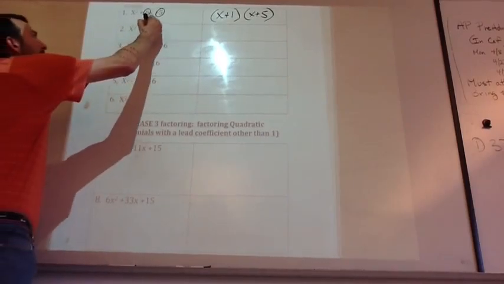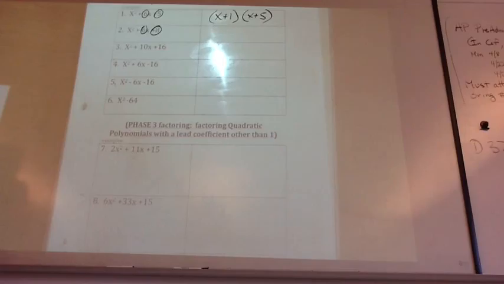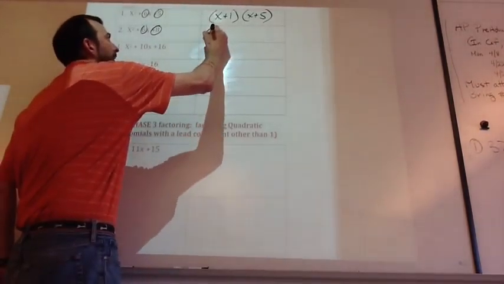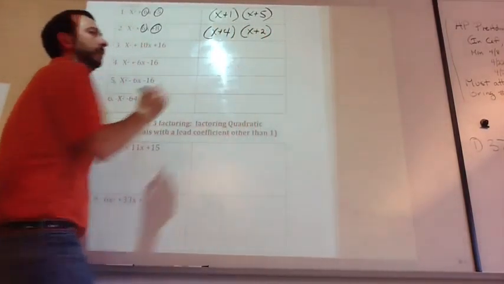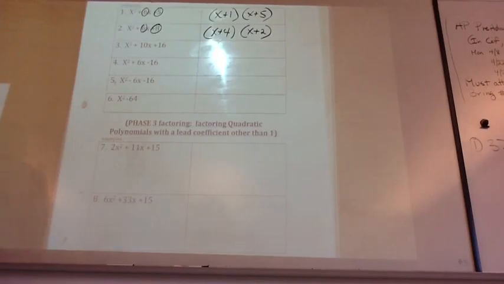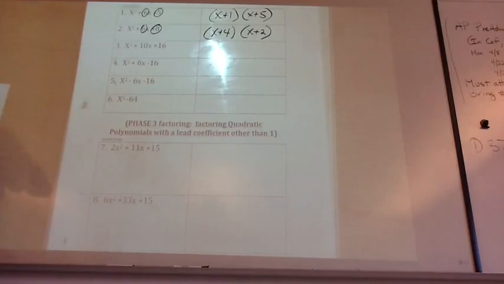Do you know two numbers that add to 6, multiply to 8? 2 and 4. X plus 4, x plus 2. I do my distribution, I do my foiling back out. I will result with this desired trinomial.